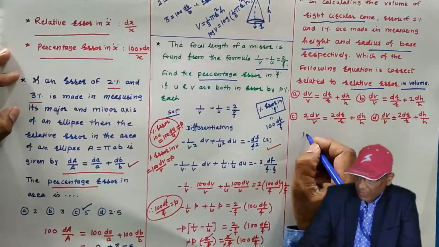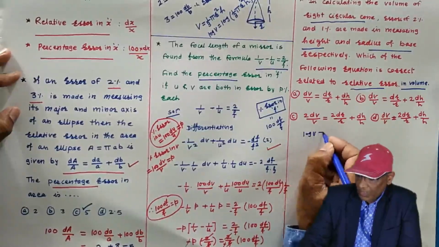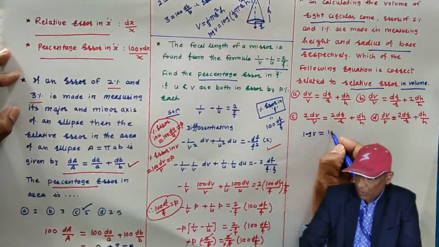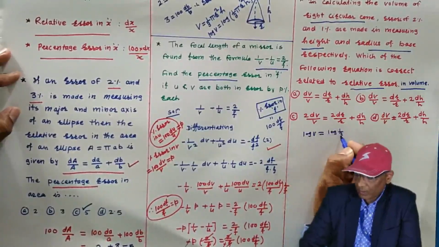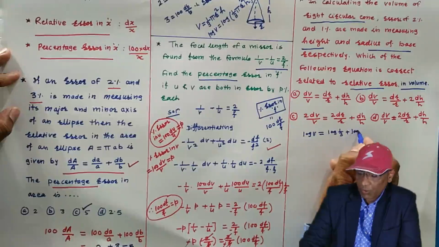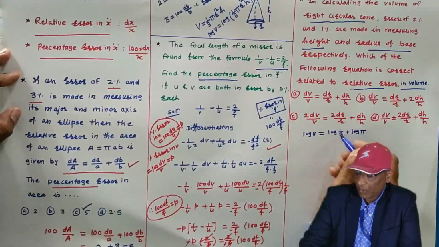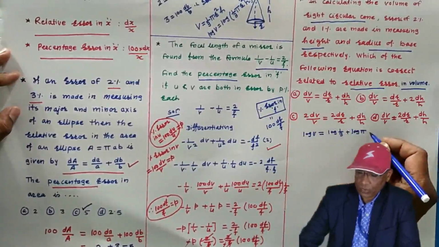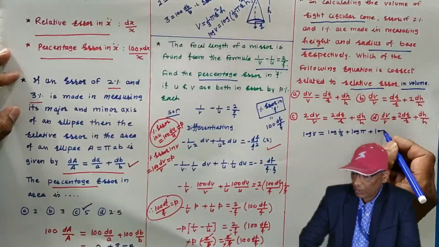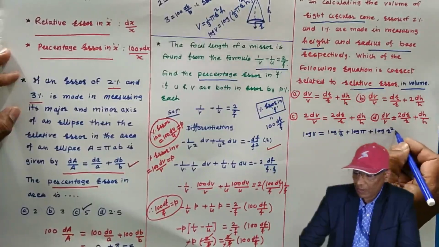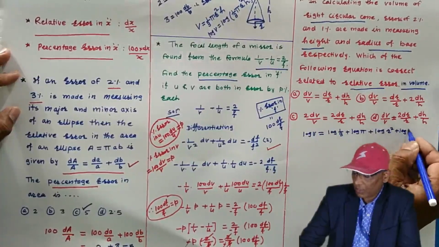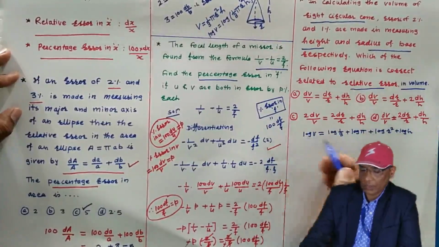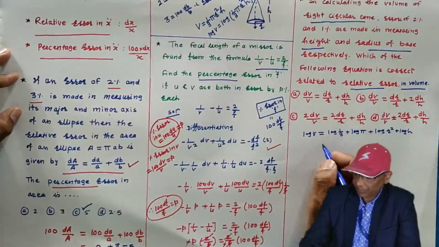The next equation I am writing: log of v is equal to log of 1 by 3 plus log of pi, or you can write log of pi by 3 also, because pi is constant and 1 by 3 is also constant, plus log of r square plus log of h. Just using the law of logarithm I have separated.